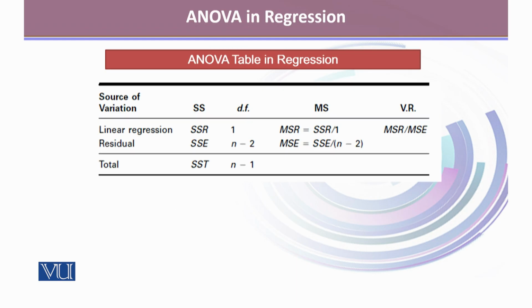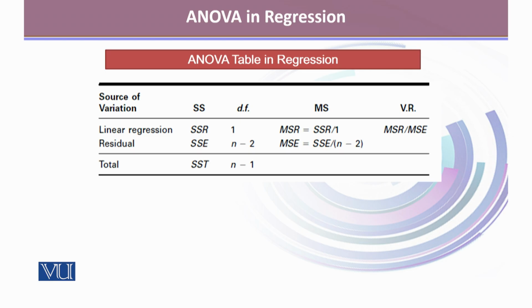Using these sums of squares, we understand that there are three sources of variation. We construct an ANOVA table. This ANOVA table contains the first type of variation, that is due to the linear regression model, called regression SS or SSR. Then there is another source of variation, that is residual, and its sum of squares is called SSE. And the third source of variation is total.